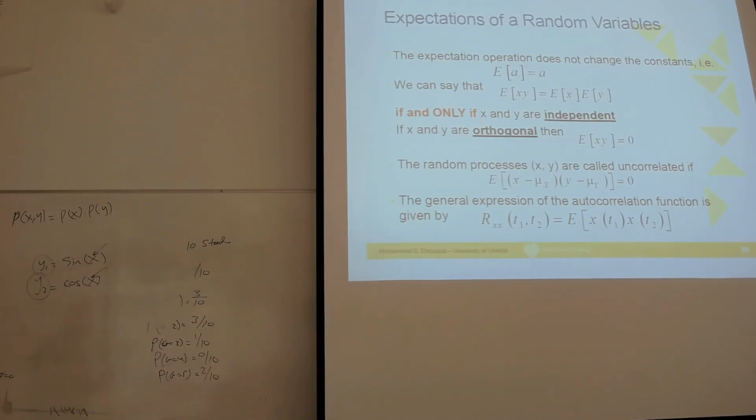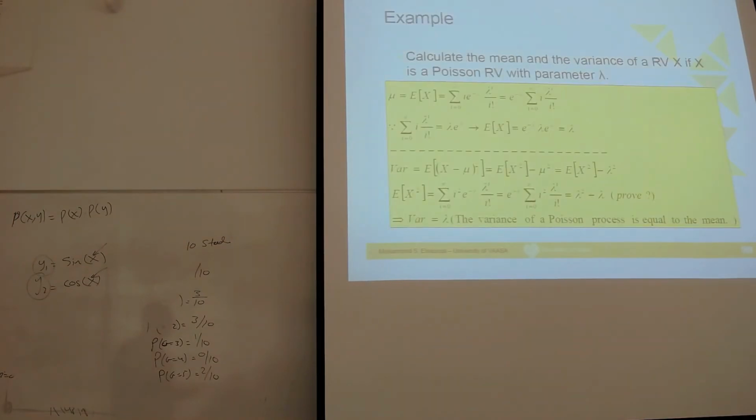If we have a random process, which changes with time, we need to define the autocorrelation function, as we explain later today. The autocorrelation function of a random process x at two different times t1 and t2 is the expected value of x at t1 times x at t2.